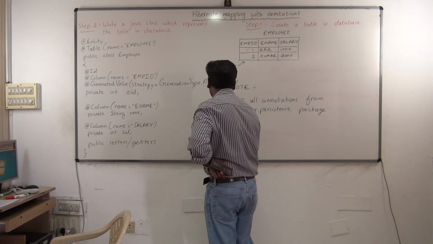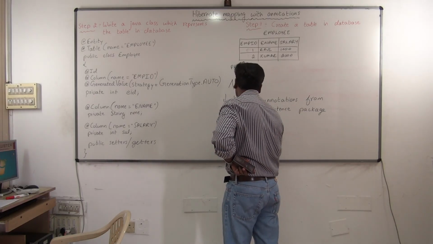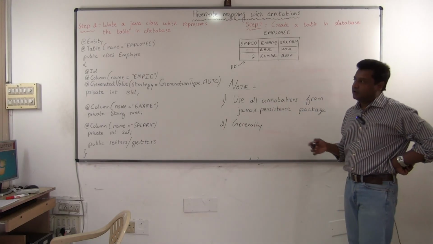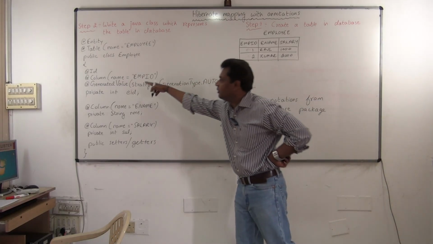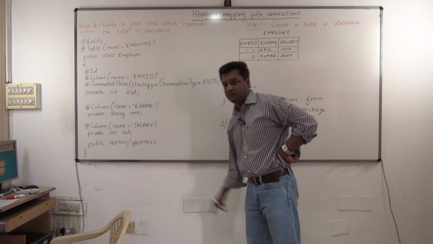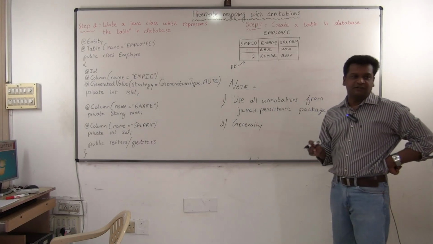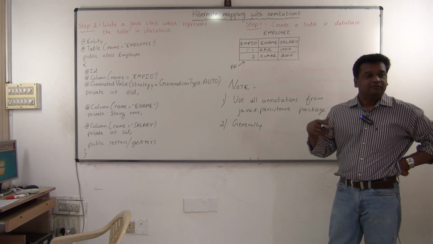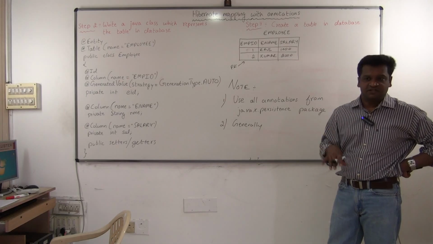Second, generally, you are using the annotations. Yes, these annotations you are using now: Id, Column, GeneratedValue, again Column. These annotations can be applied either onto the field or to the methods.